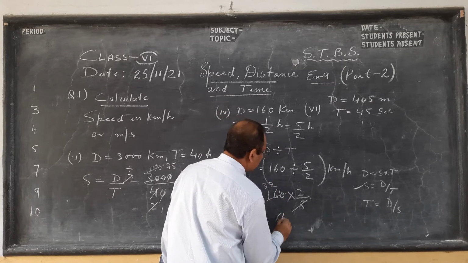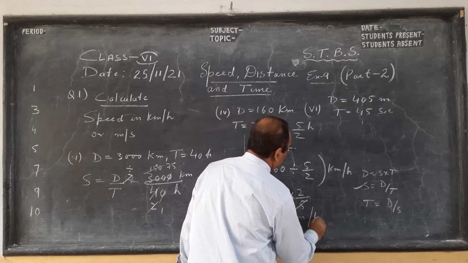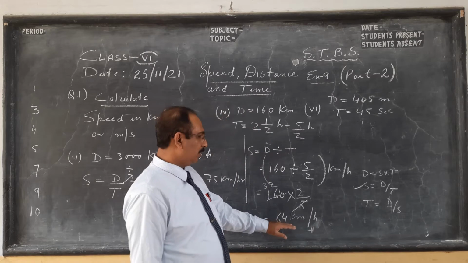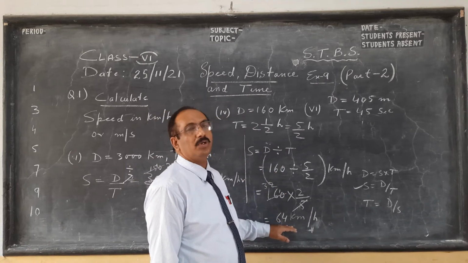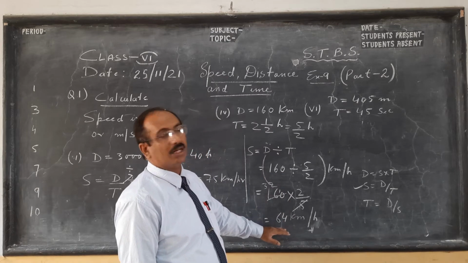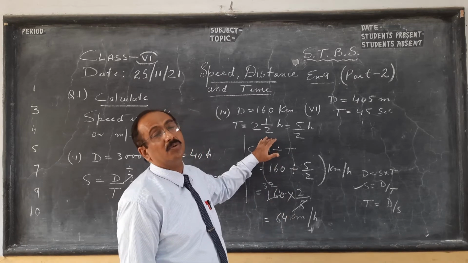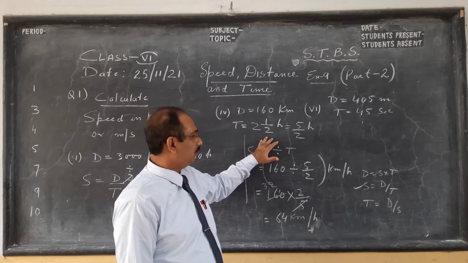So we get 64 kilometer per hour. If you are going 64 kilometer per hour, in 2.5 hours you will reach 160 kilometers. 1 hour 64, another hour 64, and for half an hour you will go 32. 64, 128 plus 32, 160.